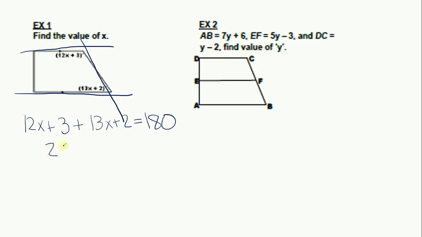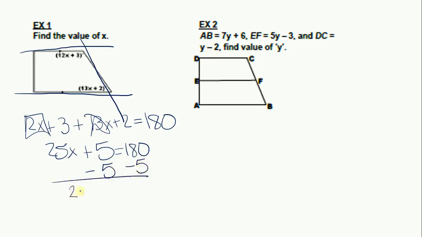So I know that 25x, because 12x and 13x makes 25x, plus 5 has to equal 180. So I subtract 5 here. I get 25x equals 175. Looks like I have to divide by 25. So I get x is 7 for an answer for that one.